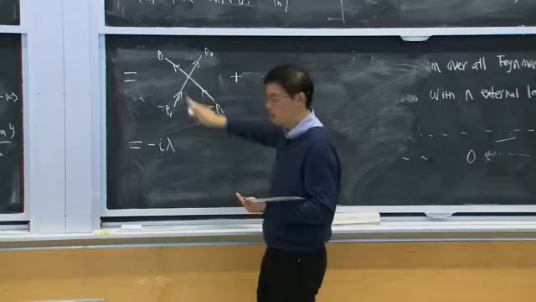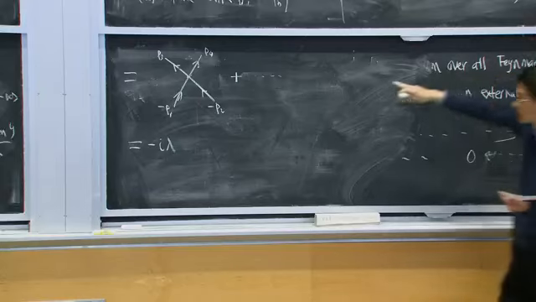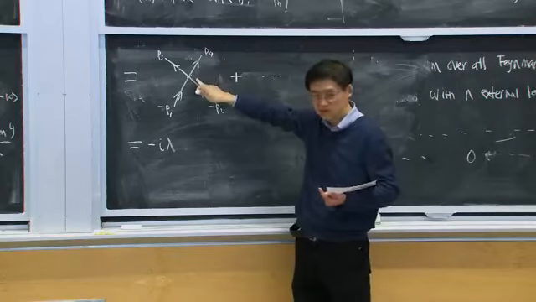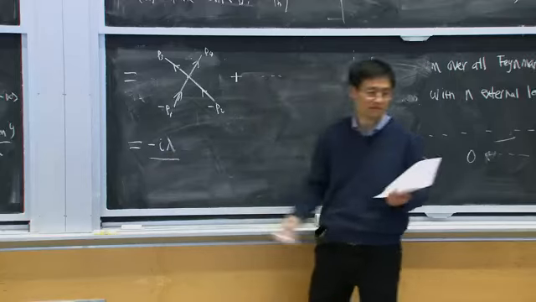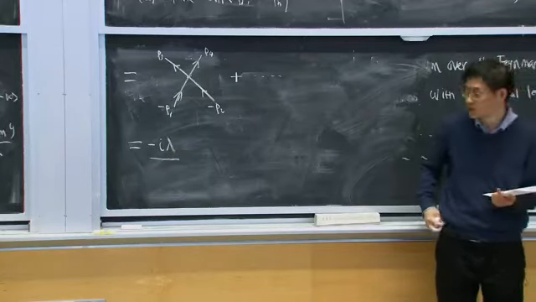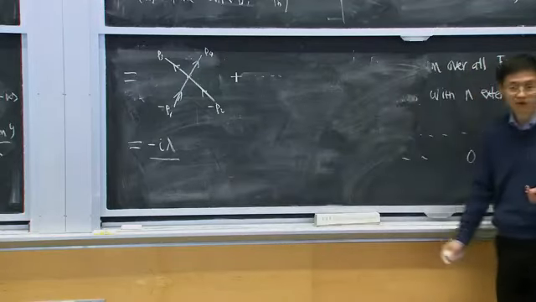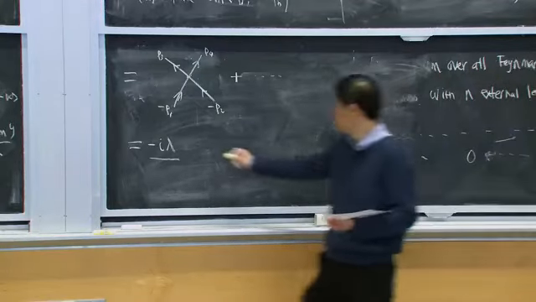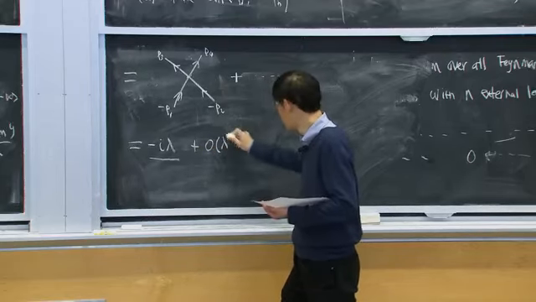But here it tells us to truncate, and all the propagators here are external, so we don't include them. So the answer here is simple, just minus i lambda. The leading order contribution to this four particle scattering is just minus i lambda. Then you have the lambda squared contributions.